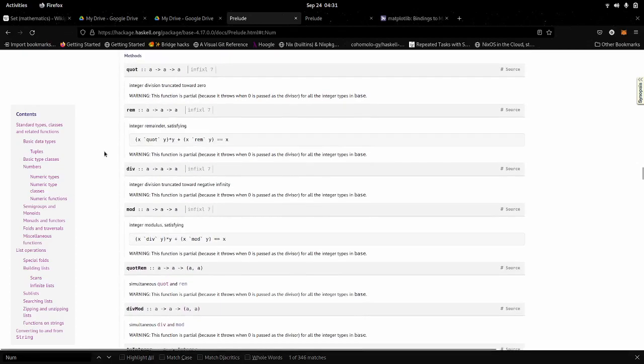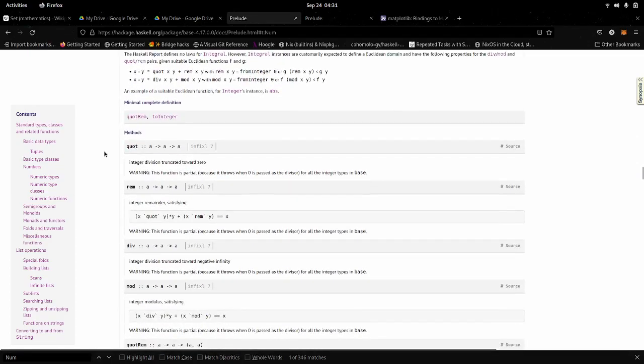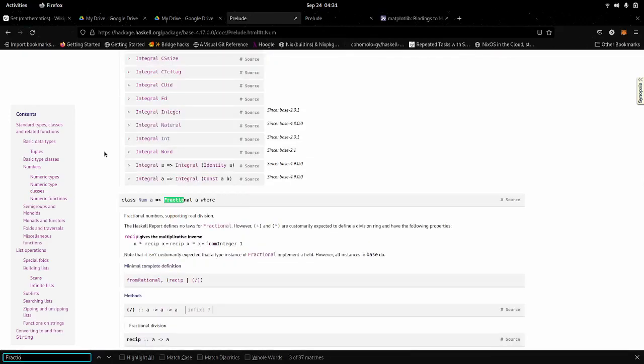So I guess we were on Integral. Just have a little chart here with me. Have we gotten to Fractional? No, we have not. So this is where we're dealing with non-integer numbers, like fractions, of course. I think I just messed up my terms there.